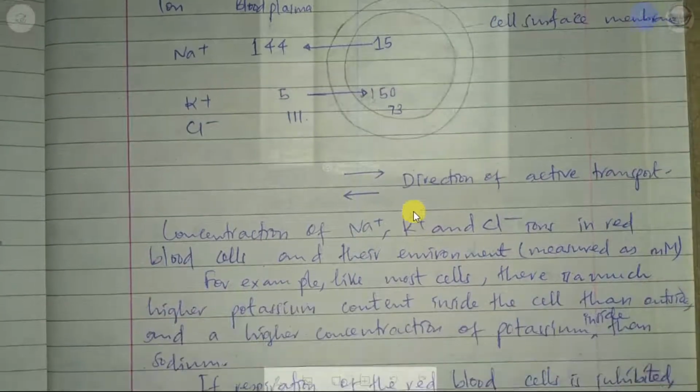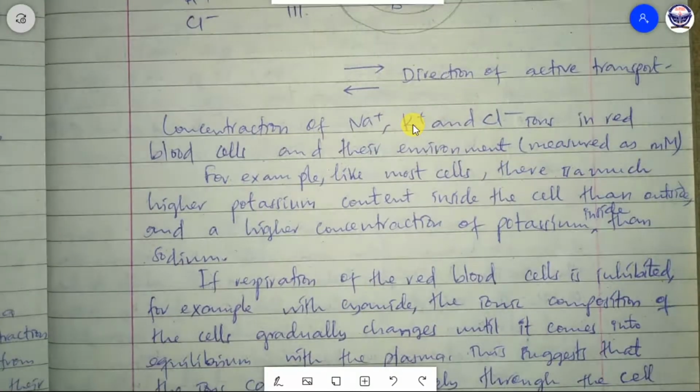Now, let's see how active transport is very important in the maintenance of concentration of these ions. The concentrations of sodium, potassium, and chloride ions in red blood cell and their environment are measured in millimolar, where capital M is molar.